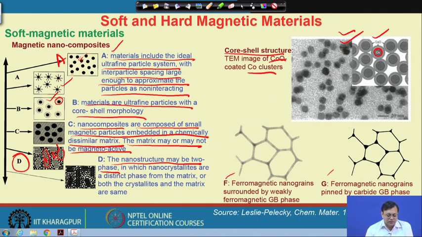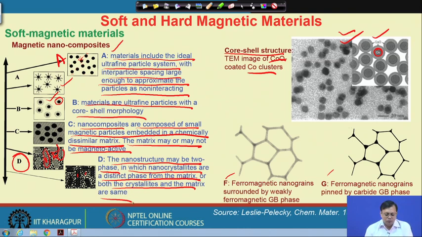So, this phase 2 could be, let us say, magnetic and the nanocrystalline phase distinct from the matrix, or maybe both the portions are from the same type of material. Okay. So, this is one of the very interesting microstructure developments in the case of nanocomposite material.